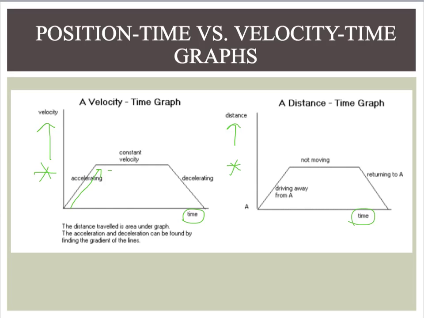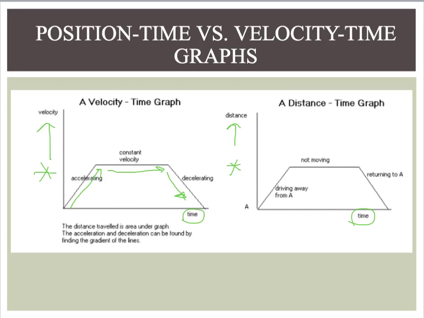Now as the line kind of levels out, that means I've hit cruise control. So you can imagine somebody driving and increasing their speed until they get to a certain speed and they want to stay that same velocity, so that way they don't have to keep pushing their gas pedal, so they can put it in cruise control, and that's when we have this horizontal line. Then when the line goes back down, that's decreasing the speed, so that's called decelerating.